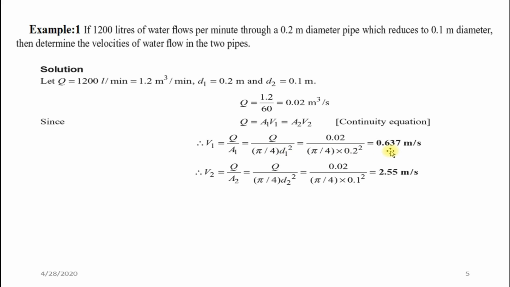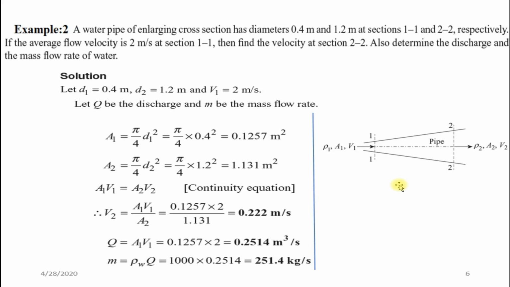If you substitute, you will get 0.637 meter per second, because discharge Q is equal to A1 V1 equal to A2 V2. First these two equations you equate, you will get V1 value. Then you equate Q is equal to A2 V2, you will get V2 as 2.55 meter per second.